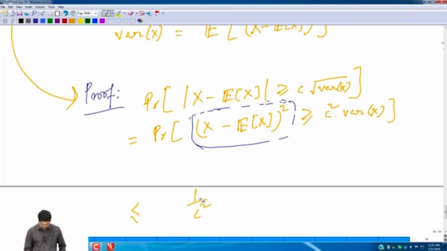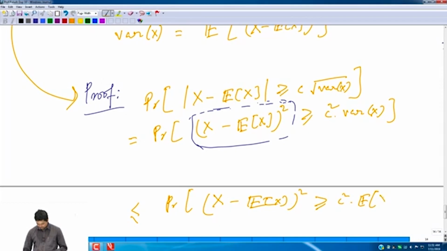Maybe I should write on the line that probability that x minus expectation of x whole square is greater than equal to c square times expectation of this quantity, x minus expectation of x whole square.